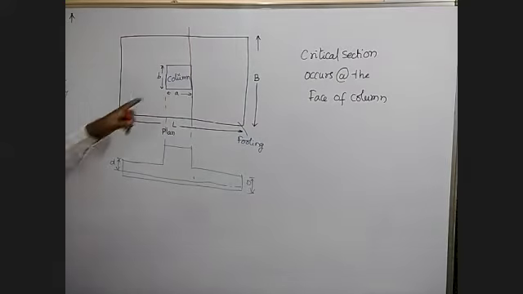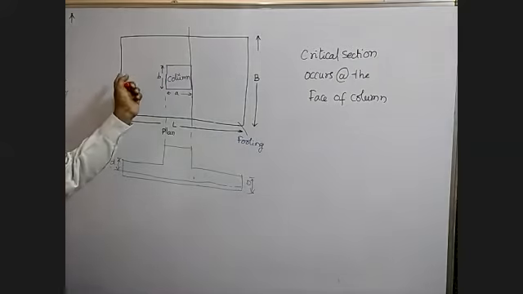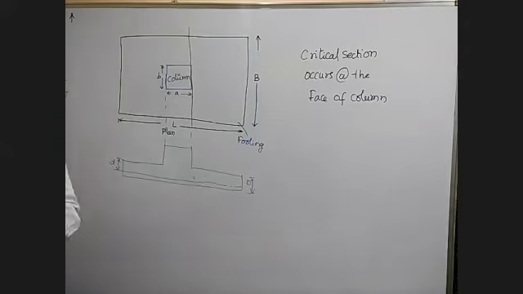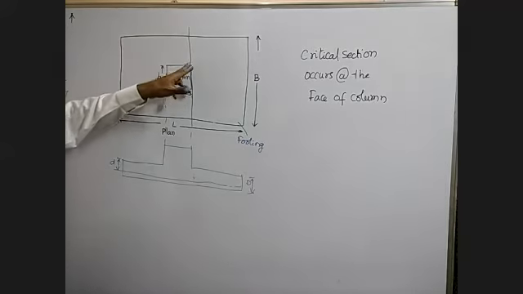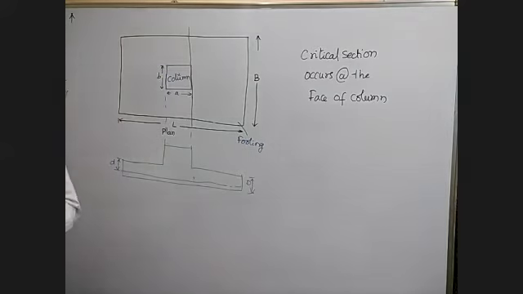Okay. This is the face of the column, one face, or this is the face of the column. You can take either one, right side or left side, on either side. So this is the face of this column. So here you have a top view. We are saying this is the face of this column. Now this bending moment occurs at this point. Now here you have a soil pressure.